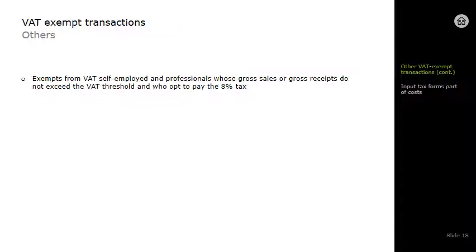Ba't mo naman gugustuhin mag-register under the VAT system? Ito, pag hindi ka nag-register under the VAT system, you are not allowed to recognize input VAT credit. Why? Because only those who are VAT registered are allowed to recognize input VAT. So therefore, lampas ka ng 3 million, ang benta mo may VAT na, pero hindi ka nag-register, patay.